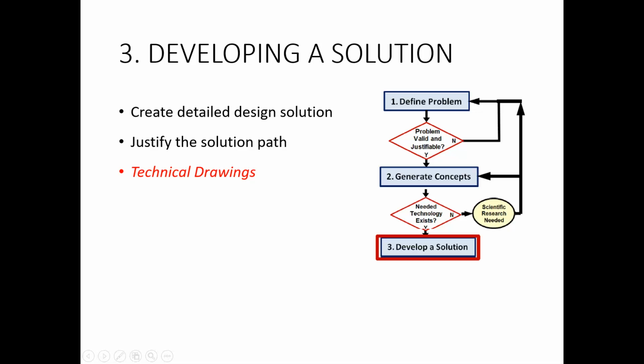So all those details, engineering details, will have to be created. So that is meant by creating a detailed design solution. A detailed design solution will clearly give you an idea of what are the different resources and the different materials that will be needed for reaching the final solution.